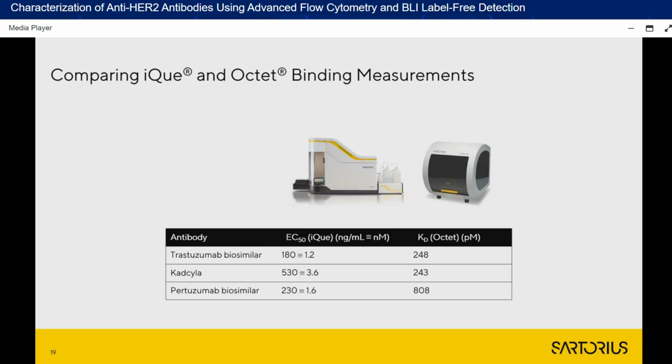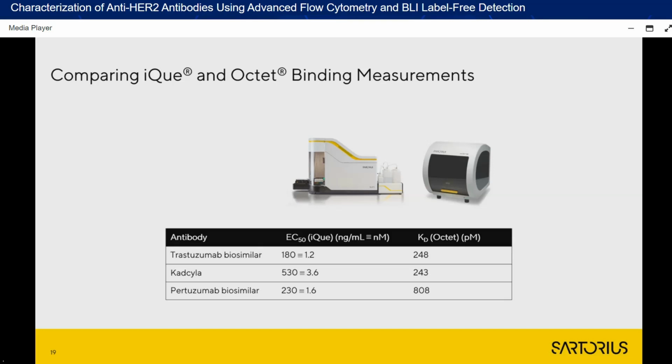And so really we think this just highlights that it can be really useful to generate measurements for target binding using a couple of different platforms. And the instruments provide complementary measurements that really provide lots of information about your molecule of interest. So obviously on one hand, the iQue, you're really getting an indication of the binding of that antibody to the native target as it is on live cells, but you're really also relying on that secondary antibody binding.